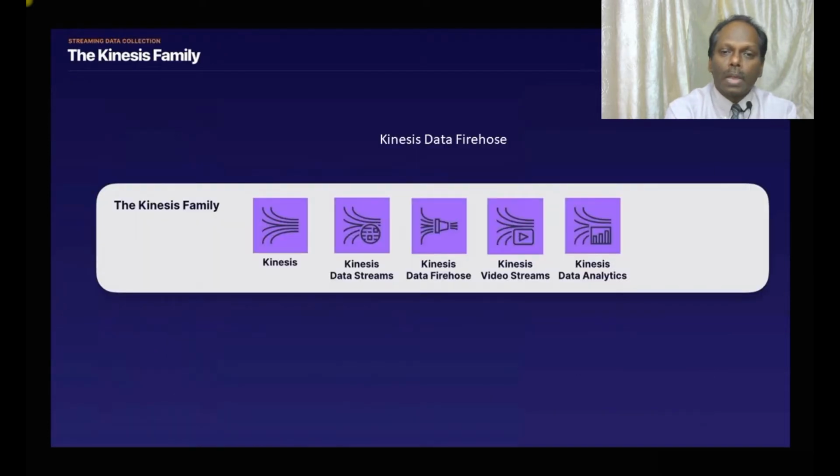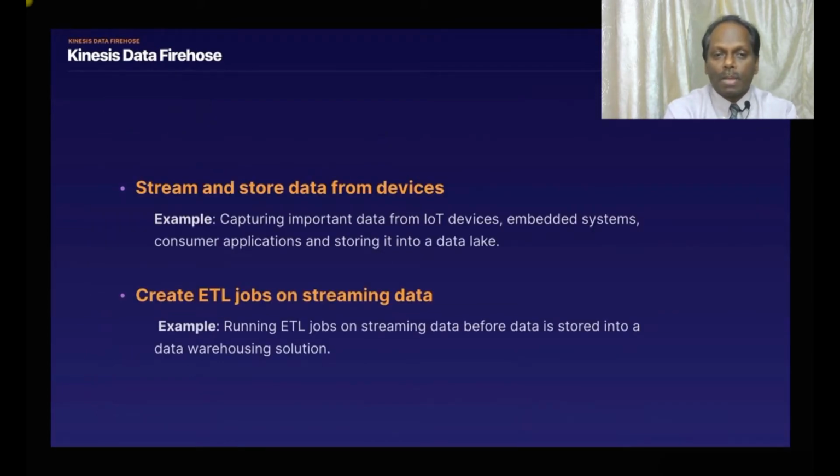Okay, so let me move ahead with the next one, which is Kinesis Data Firehose. Firehose is basically used to stream and store. It captures important data from IoT devices, embedded systems, and consumer applications, and stores it into a data lake.